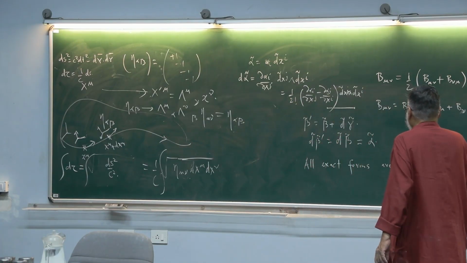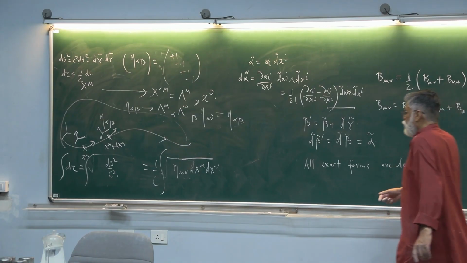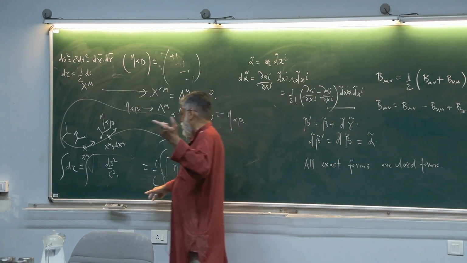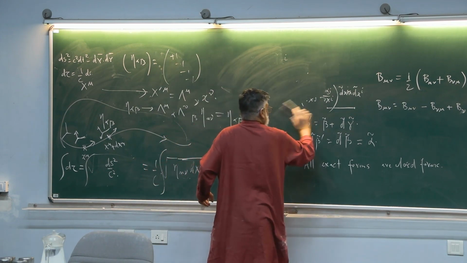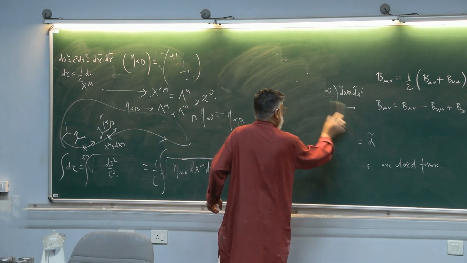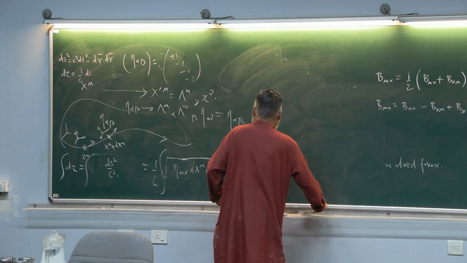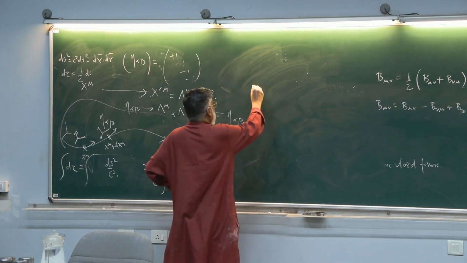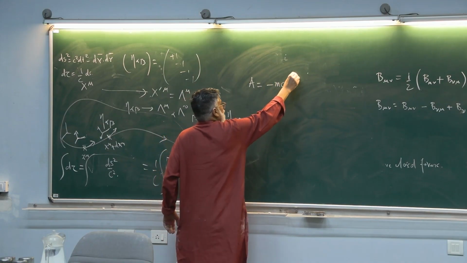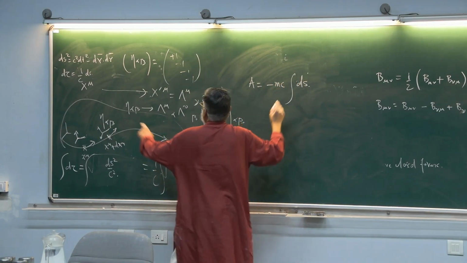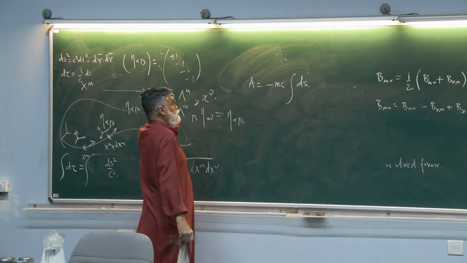So the only one small thing I will do today, because tomorrow I am going to extend it so that Anuj can cover the tests of general relativity, is this: you can show that the action for a free particle is rest mass into c into ds. The ds is square root of ds square.